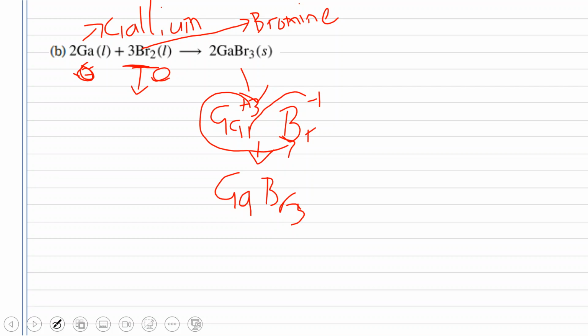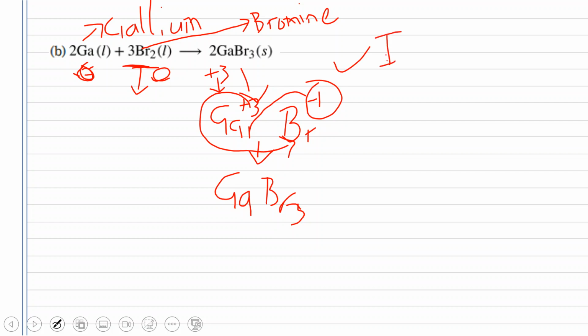As you can see, there were no charges on them. But all of a sudden here, gallium is existing with a charge of +3, and this was existing with a charge of -1. So their oxidation numbers change. So our first thing is that we know that this is a redox reaction.